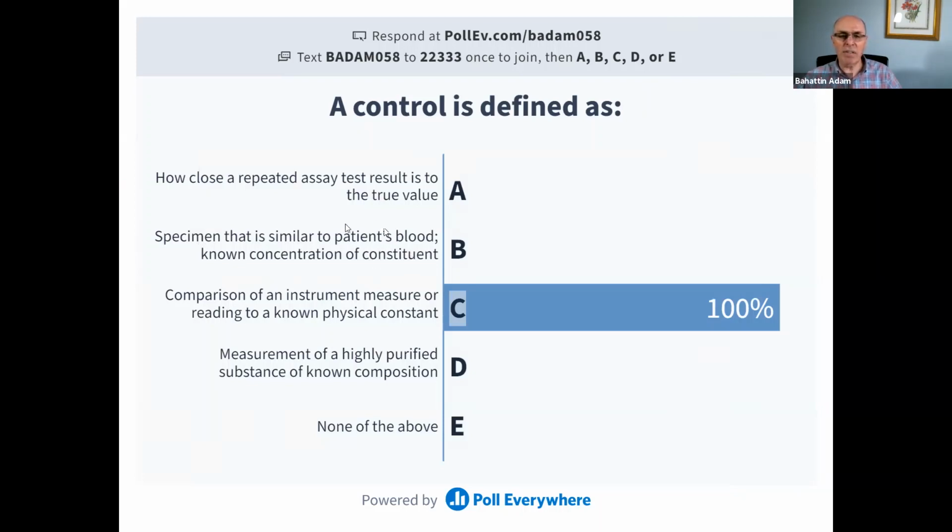The correct answer again is B. Comparison of instrument measure or reading to a non-physical constant is among the other definitions. The correct answer is B.